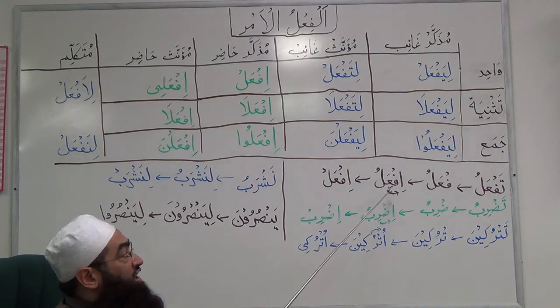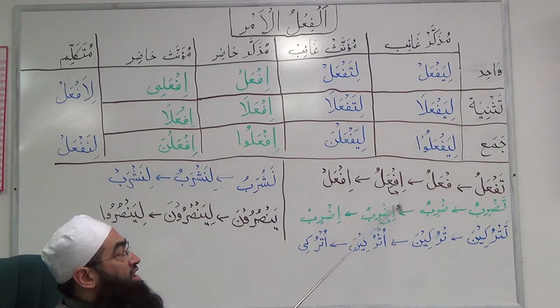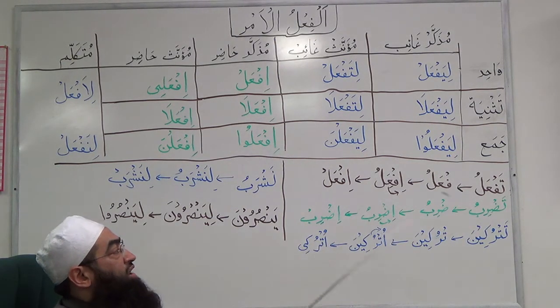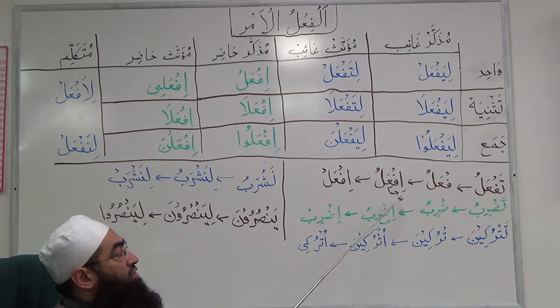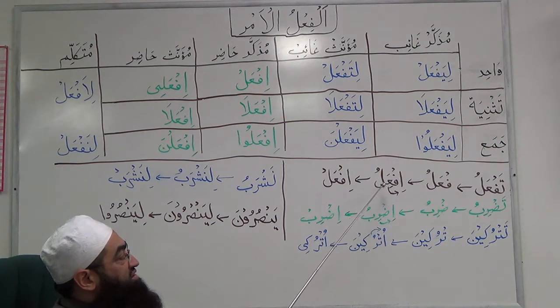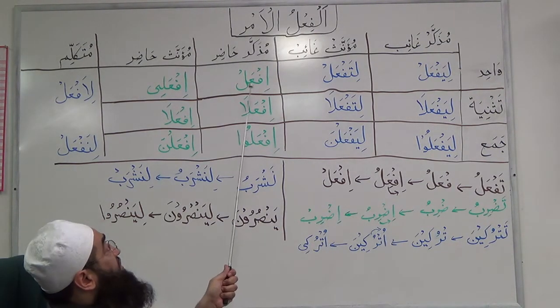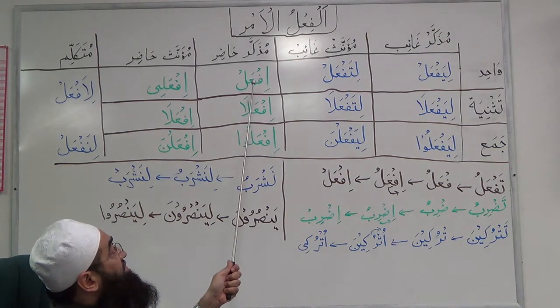So you have to look at the ayn kalima. If the ayn kalima has a fatha on it or a kasra on it, then you pull that kasra over to the alif and it'll become if'al, if'alu, or if'ilu. One of these. Okay? So in this word, because it's a fatha, it will become if'al.